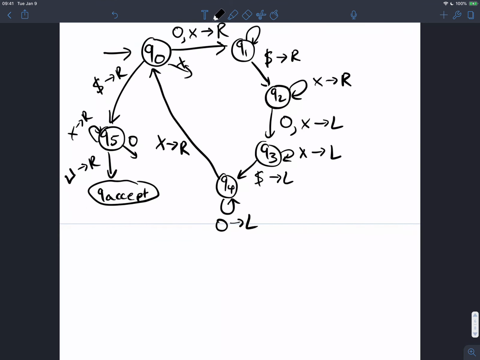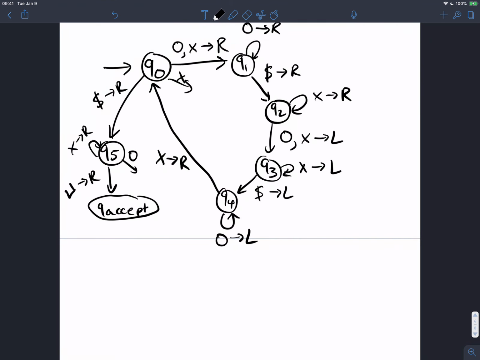And of course, look at all the other transitions that we left out. Say for Q2, what if we saw a dollar sign? In the case when we had two dollar signs on the tape, that could happen. So we need to handle that, because we want Turing machines to be deterministic.